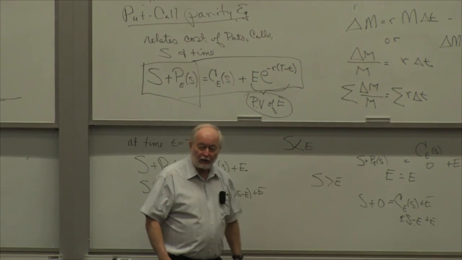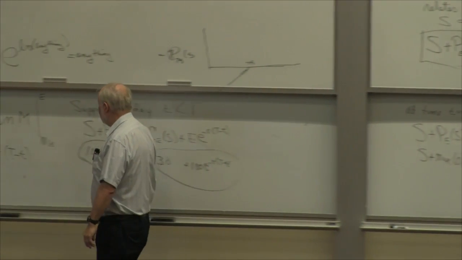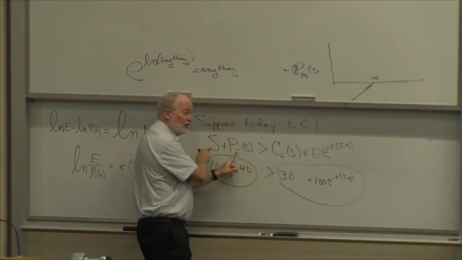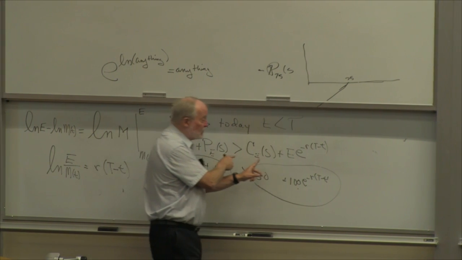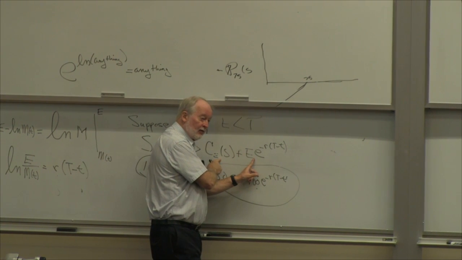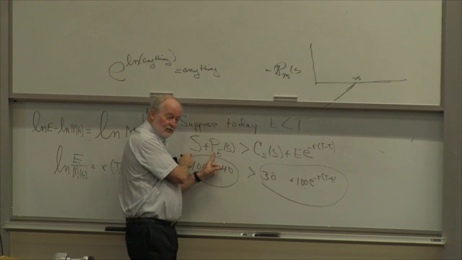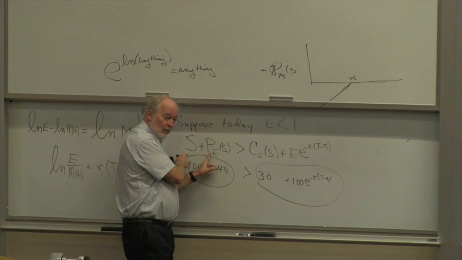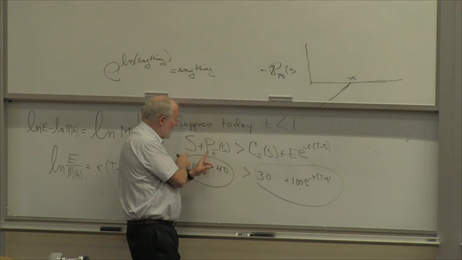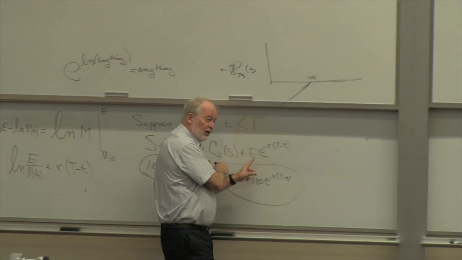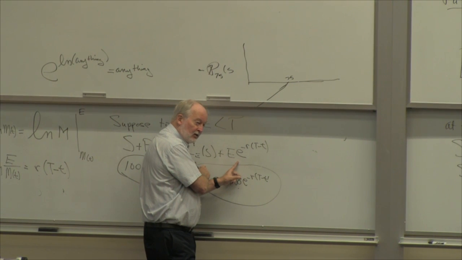The reason they're very close to being equal is that when you look at the newspaper and you find out that the price of the stock and the price of the put, for example, is much larger than this, then what I will do is go short on this. I take the money and put it over here, and I take the extra money and put it in my pocket.